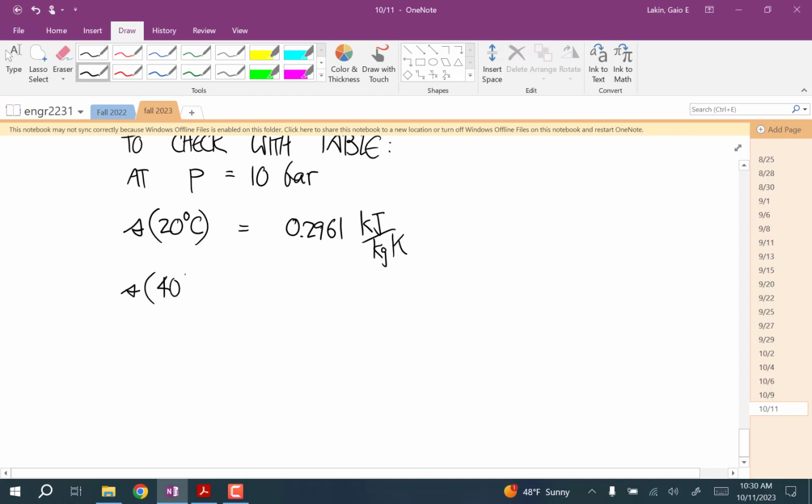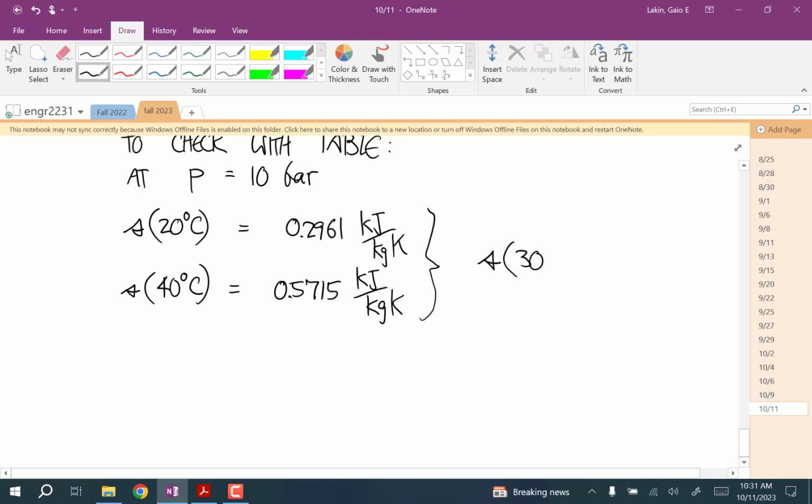At 40 degrees Celsius, you get 0.5715 kilojoules per kilogram Kelvin. You have to do an interpolation, and so that interpolation, you get that at 30 degrees.